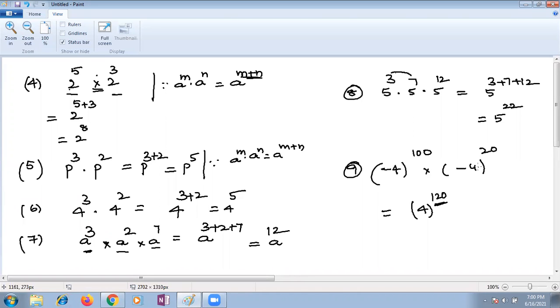Ma'am, because minus into minus is positive. But how many times? 100 times? Ishan: because it's an even number. There are an even number of negative numbers, then it will always be positive. Because the exponents are even, our sign will be positive. Exactly. Very good. 100 is even, that's why we should take positive.